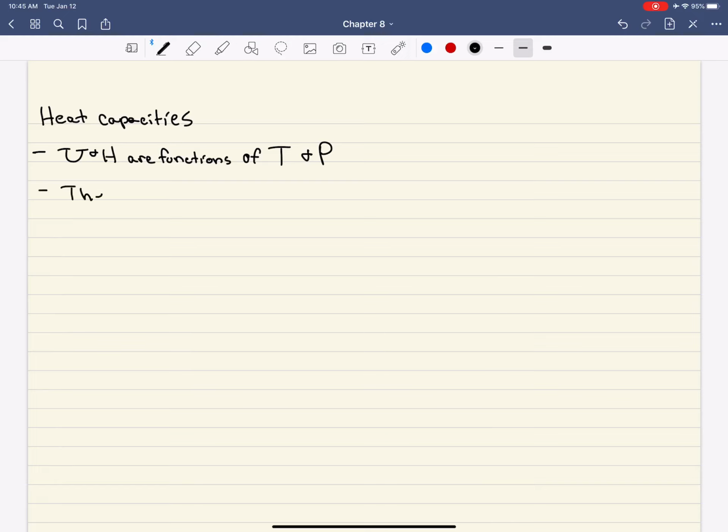And this derivative is going to be known as the heat capacity. The derivative of U with respect to T is the heat capacity.